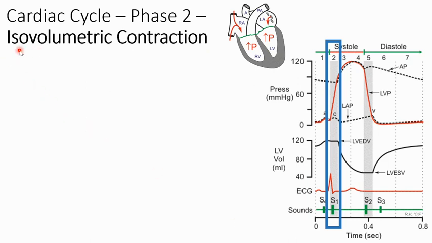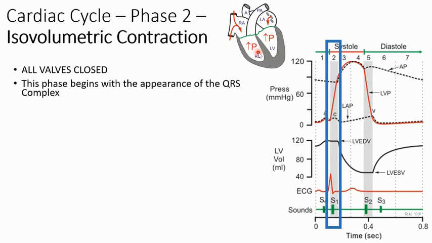When you look at isovolumetric contraction, iso means same volume. So during this phase right here, take a look at what just happened. The AV valves closed. We are trapping all the blood in the ventricles, and the ventricles are contracting. All the valves are closed. The ventricles are going to contract. This is the beginning of the QRS complex right here. You can see the QRS complex.